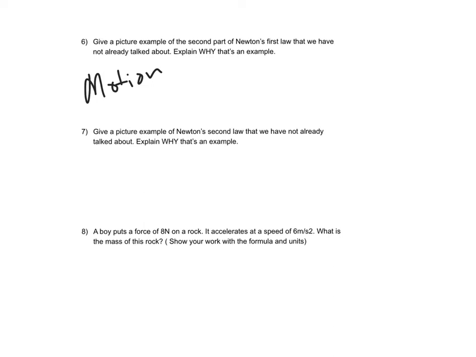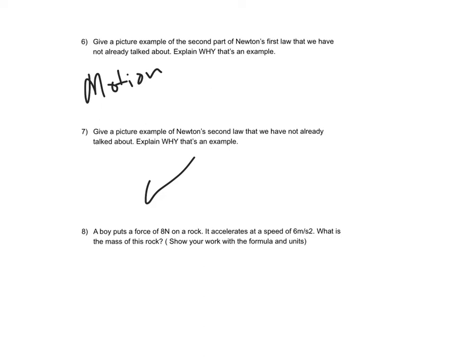You could do a picture of Kleenex next to a cup of coffee. And what you might explain is that it would require more force to make that cup of coffee accelerate than it would the Kleenex because the cup has more mass than the Kleenex. You would just put those two pictures of those items and then just explain why. Okay.